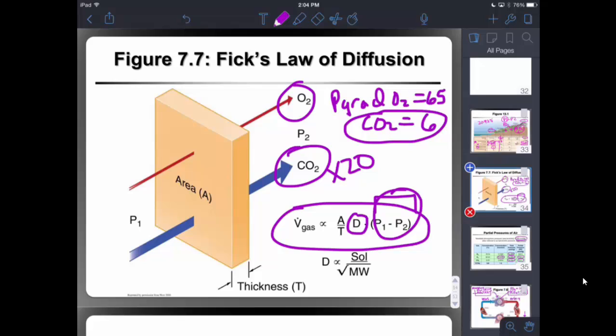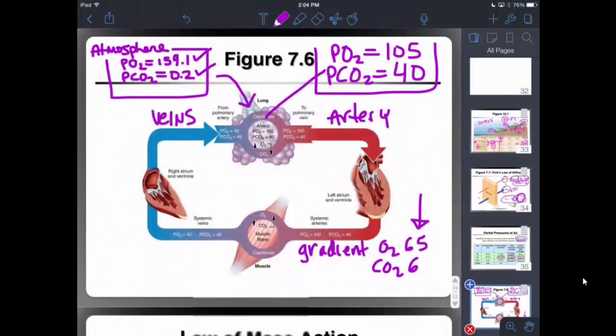So it's a way that the body compensates and ensures efficiency. It's not going to maintain a high gradient that's not necessary. Oxygen is going to need a much higher gradient, a much higher P1 minus P2, because it has a lower diffusion coefficient. And that's the reason for these two gases having such different pressure gradients.